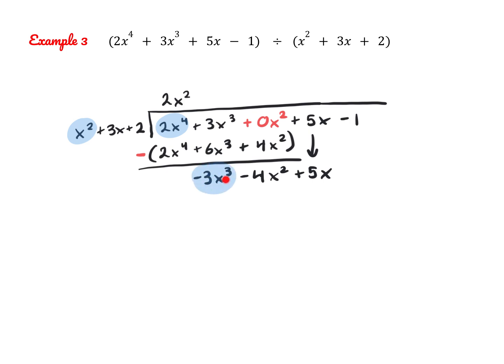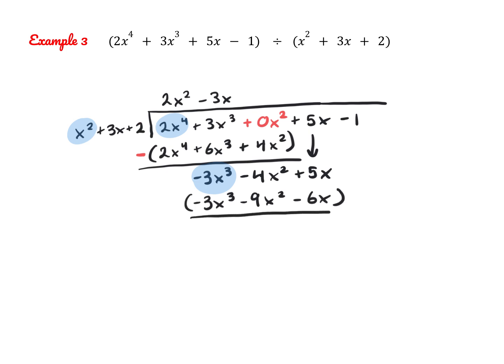I'm going to do negative 3x cubed divided by x squared, which gives me negative 3x. Negative 3x times x squared is negative 3x cubed. Negative 3x times positive 3x is negative 9x squared. Negative 3x times 2 is negative 6x.